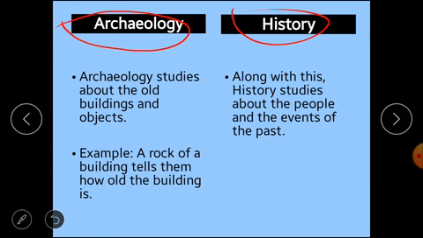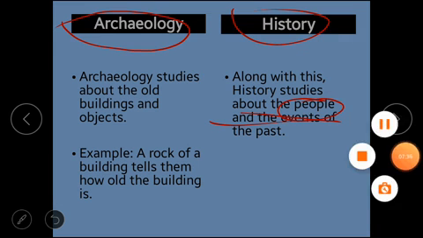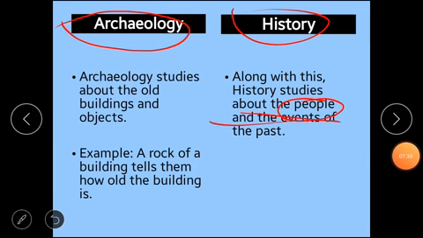That's how it works. While history studies the people and the events that have occurred in the past, someone who has done significant work that changed the past, and events like the wars, epidemics, revolutions, and also independence days, etc.